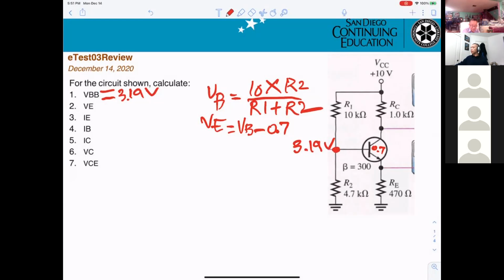And after the VE, you can easily calculate IE.